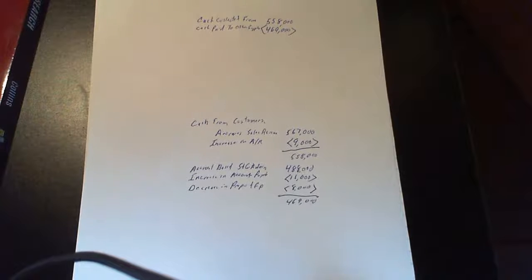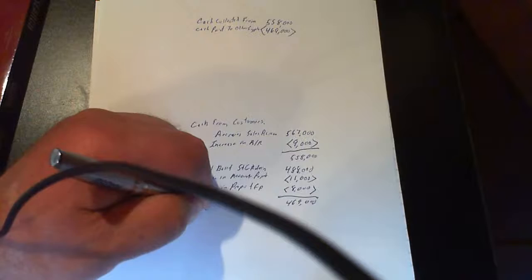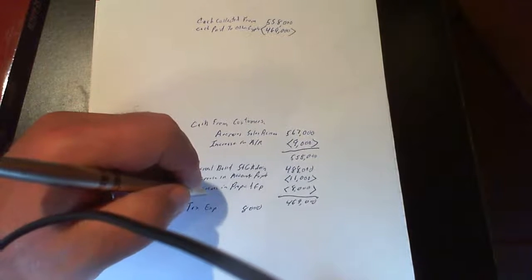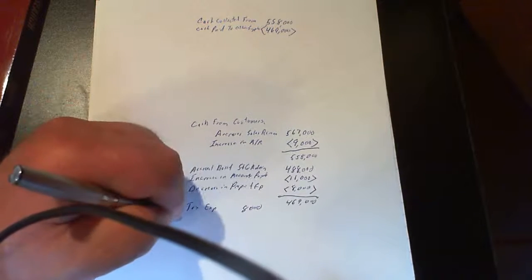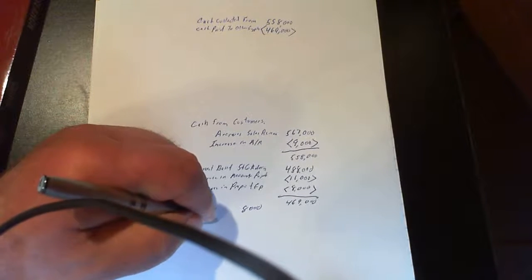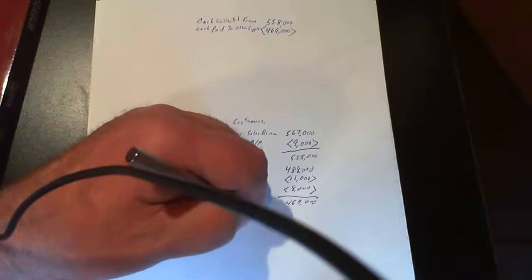And then we have our tax expense, which is $8,000. And then our decrease in income taxes payable is $3,000. That comes to 11,000.